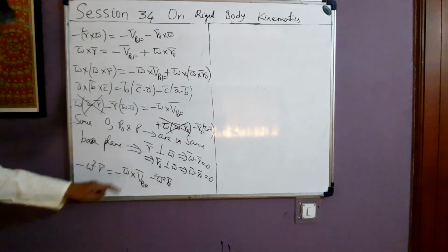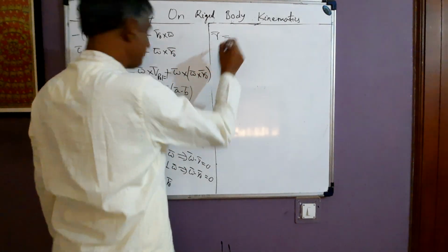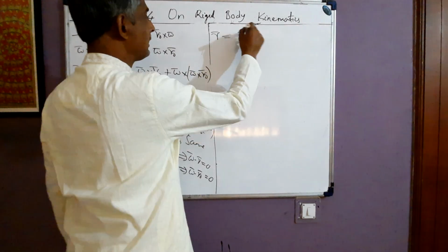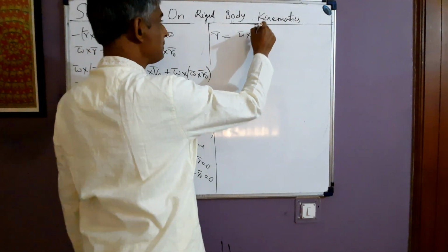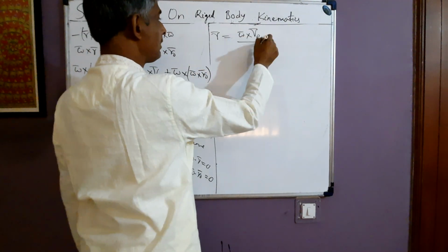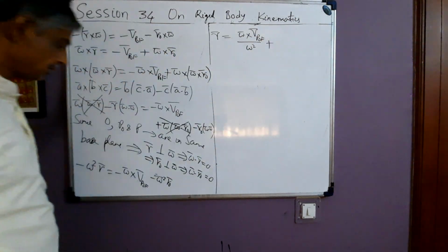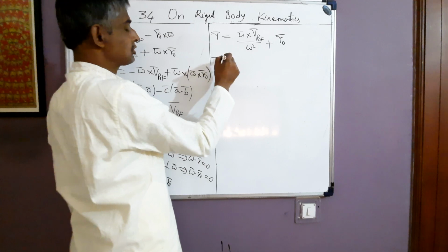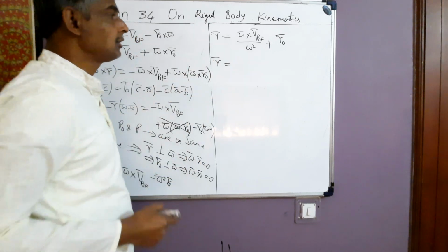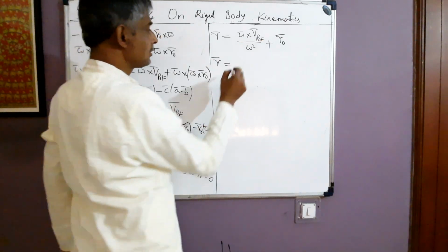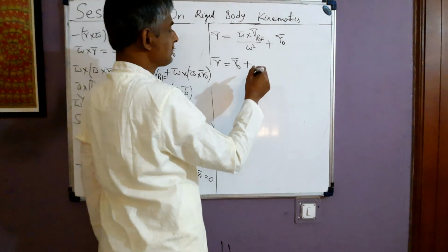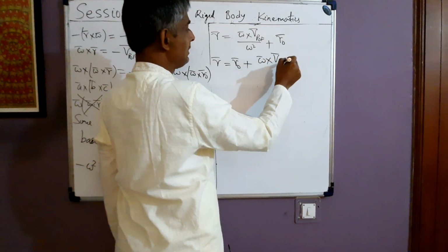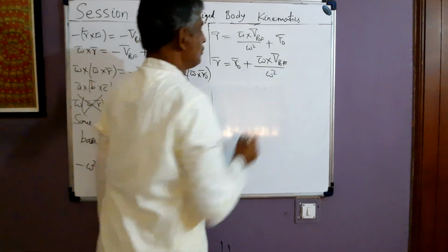So minus omega square divided by minus omega square, vector R becomes omega cross Vp naught F by omega square plus R naught. So this is the equation of the location, the position vector of IC, which we have calculated and shown. So R becomes R naught plus omega cross Vp naught F by omega square.